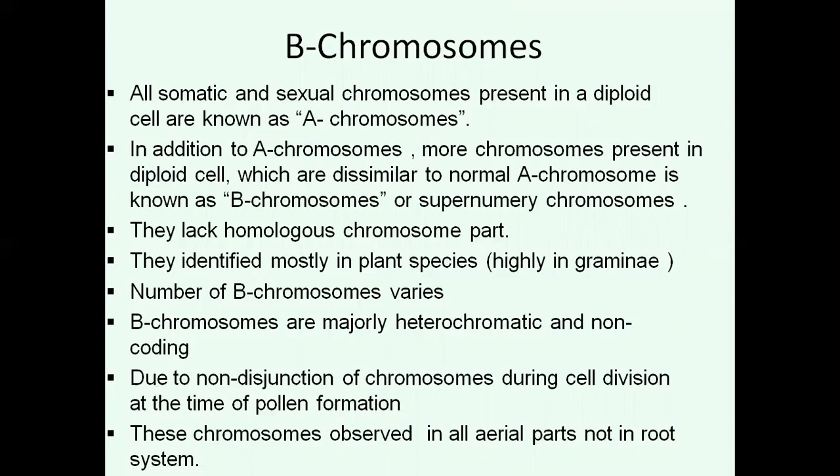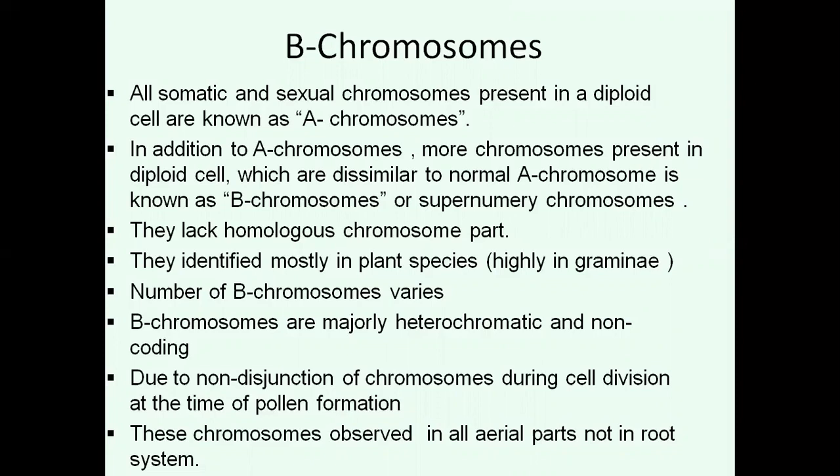In addition to A chromosomes, more chromosomes present in a diploid cell, which are dissimilar to normal A chromosomes, are known as B chromosomes. Sometimes they are called supernumerary chromosomes. These chromosomes lack a homologous part. That means there is no homologous chromosome for the B chromosome.